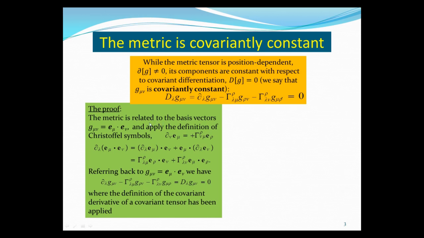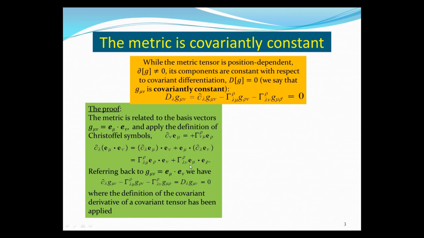The metric is related to the basis vector, and I will apply the definition of the Christoffel symbol to the derivative of the metric. So we take the derivative of this product of the basis vectors: differentiate the first one, holding the second fixed, and differentiate the second one, holding the first fixed. Then apply the expression of the Christoffel symbol as the coefficient expansion of the derivative of the basis.